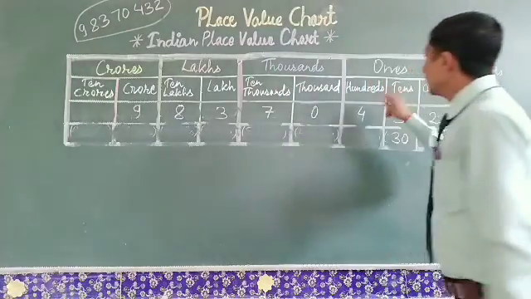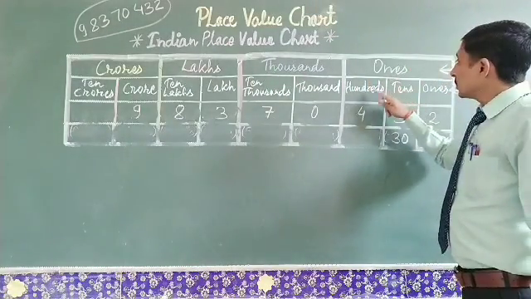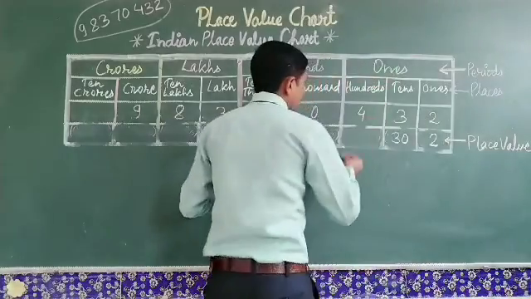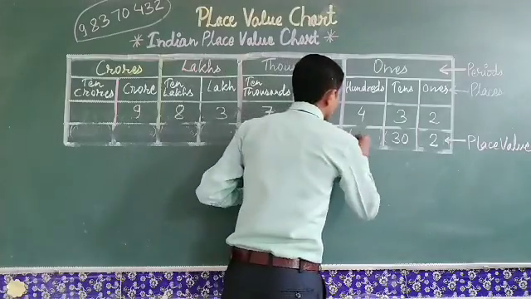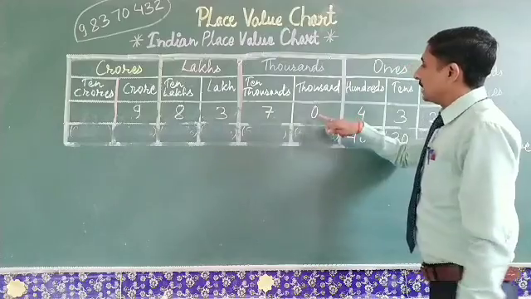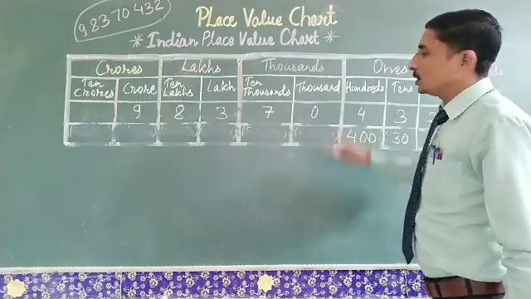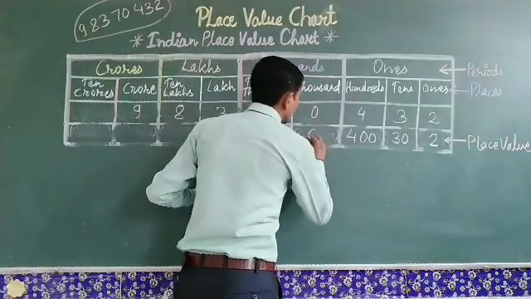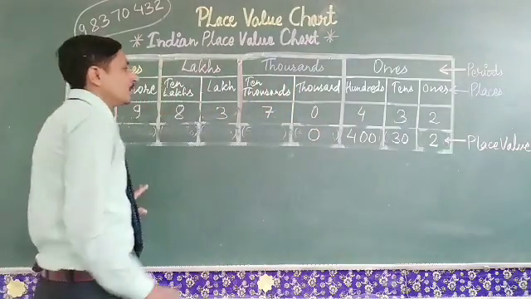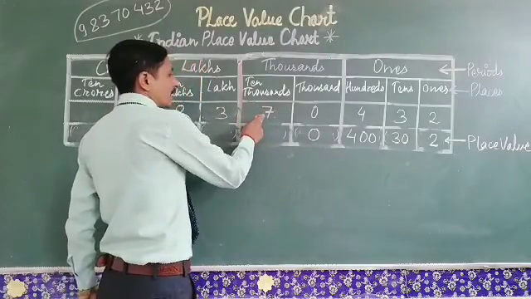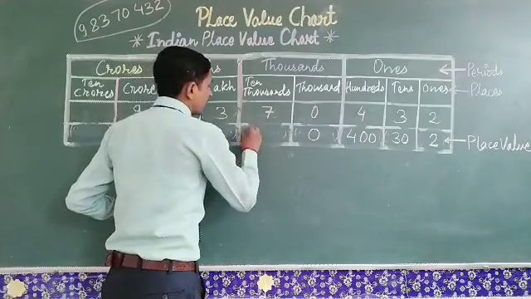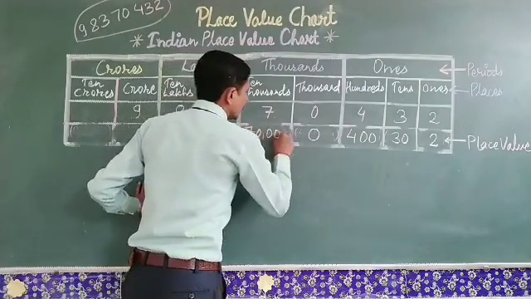The third number is 4, which falls in hundreds place, so its place value is 4 multiplied by 100 equals 400. The 0 falls in thousands place, so 0 multiplied by 1000 equals 0. And 7 falls in ten thousands place, so its place value is 7 multiplied by 10,000 equals 70,000.